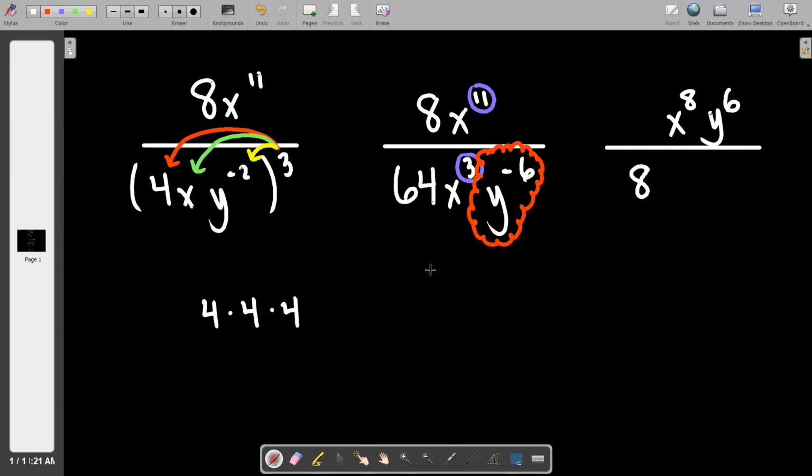That is a property of exponents, and I don't want to spend a whole day just practicing that. I've made that mistake in the past. It's not that much to ask you to memorize that. Things cannot have negative exponents. And so if you find yourself at the end of the problem with something with a negative exponent, simply move it up if it's down, or move it down if it's up.